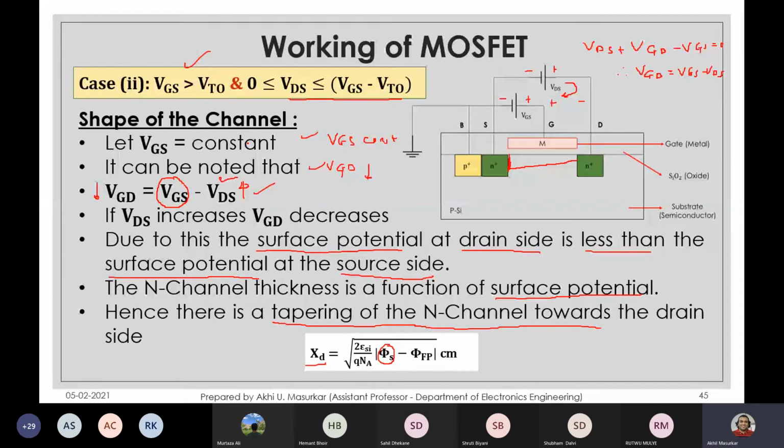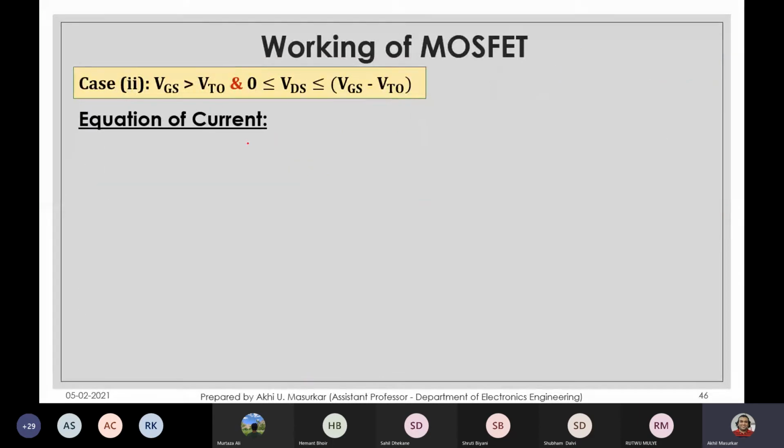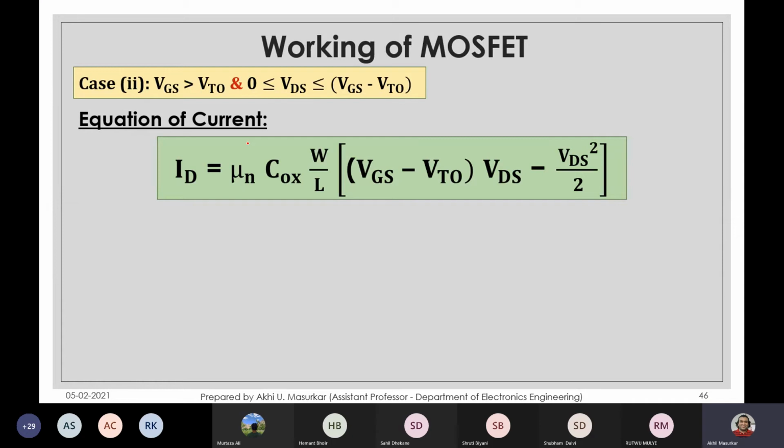Now let us go to the equation of current flowing in this particular region of operation. So ID is equal to mu n COX W by L times VGS minus VTO into VDS minus VDS square by 2.